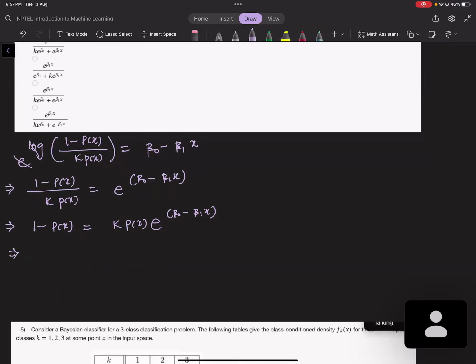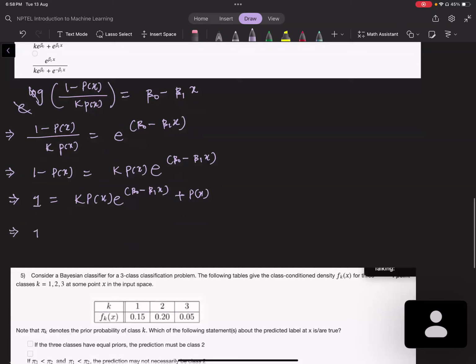Then, so 1 equals the first term k p of x e to the power beta 0 minus beta 1x plus p of x, right?